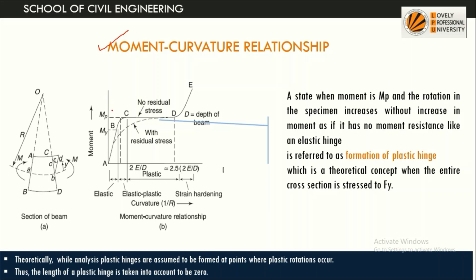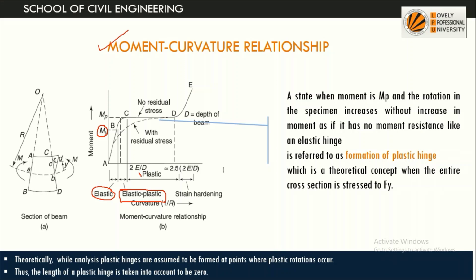So suppose we plot moment and curvature relationship of a specimen, and on the y-axis we have moment, and this My value corresponds to rotation that corresponds to the elastic limit. Beyond that will be the elastoplastic curve, and after this there will be a straight line.